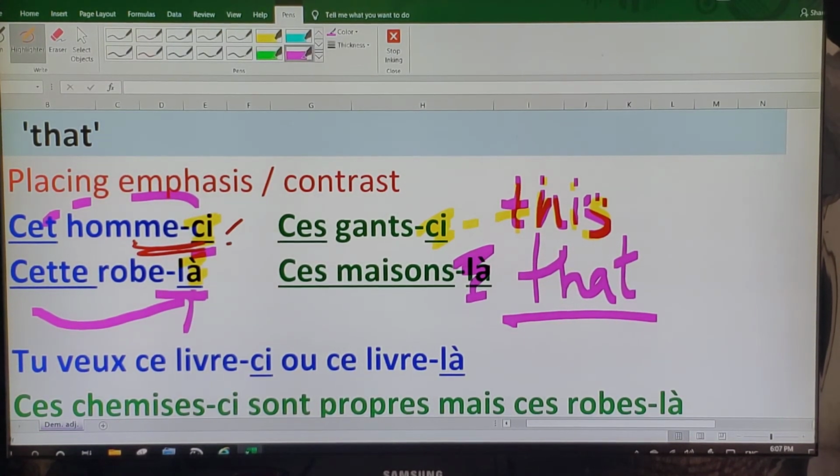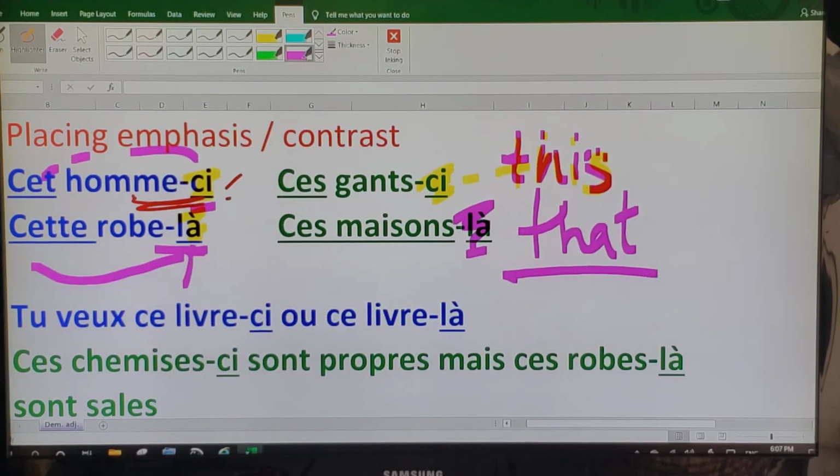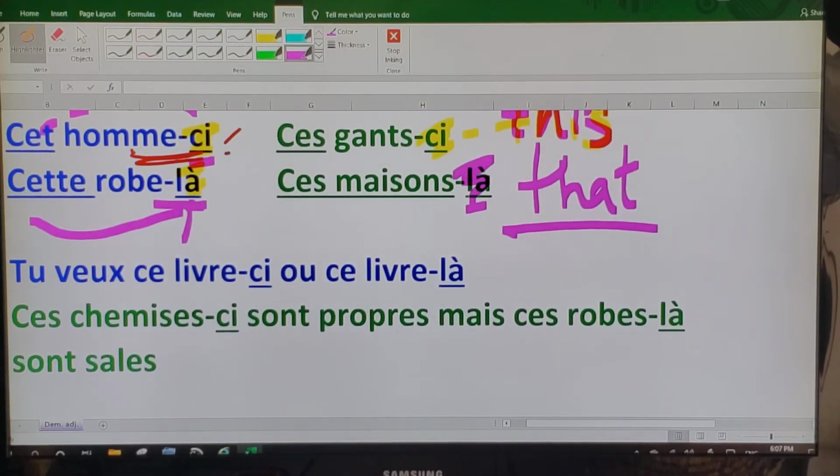So I just use these words in some little sentences. "Tu veux ce livre-ci ou ce livre-là?" It means what? You want this book or that book. Remember, we use -là here, so it means that, and we use -ci here, so it means this.